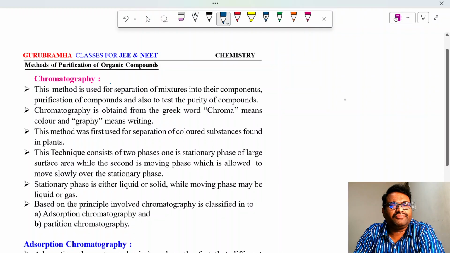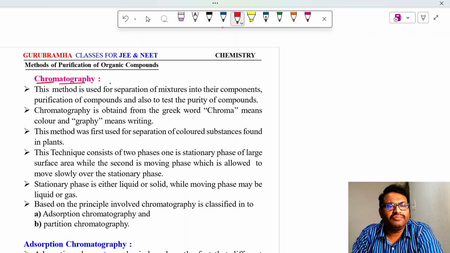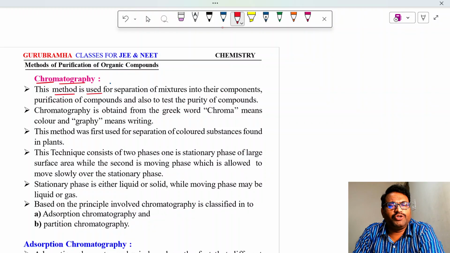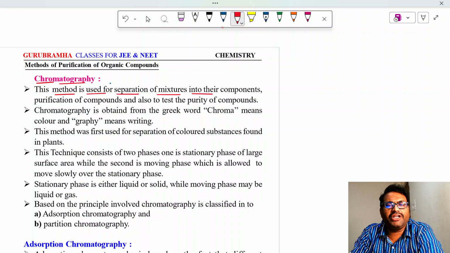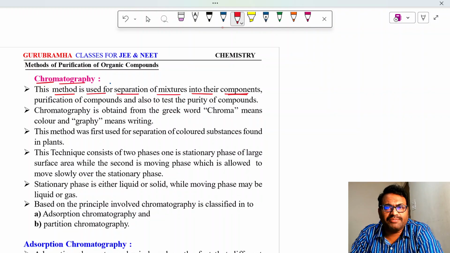Chromatography, right? This method is used for separation of a mixture into its components. If there is a mixture of substances, to separate them into its components, this method is useful.